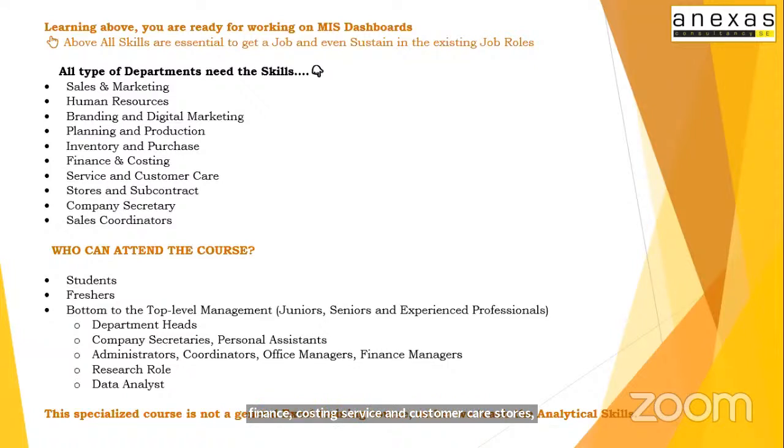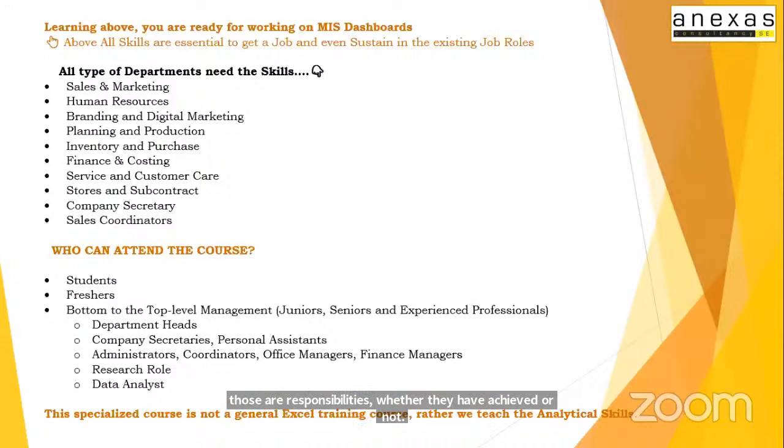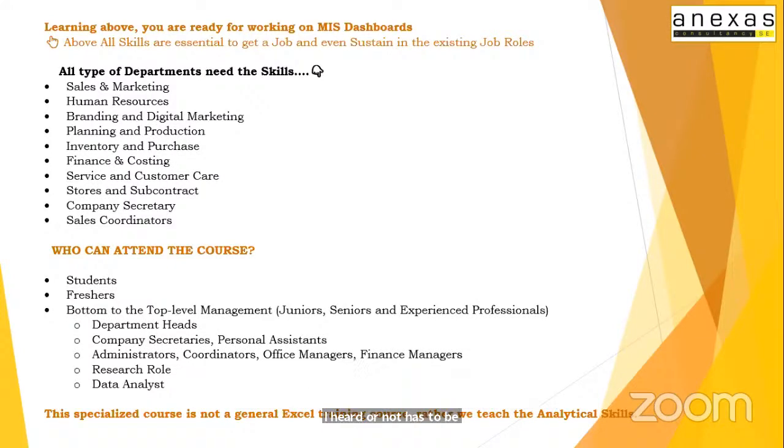They would use it for how many I've dispatched today, what happened, what is the KPI? Every company now has a KPI, roles and responsibilities for the people, right? Whether they have achieved or adhered to those roles and responsibilities has to be cross-checked. So that would not be in raw data, it would be a visualization.